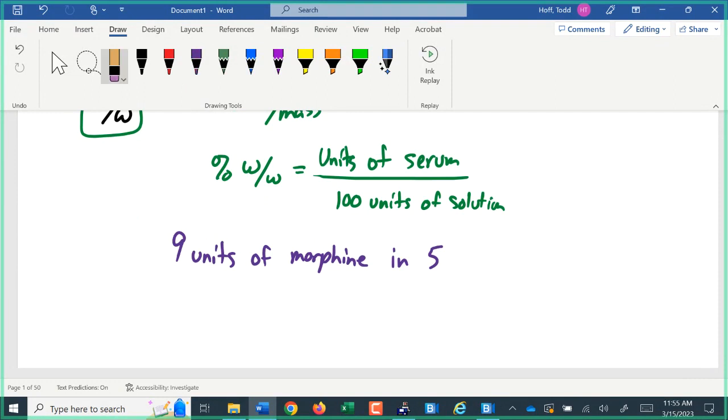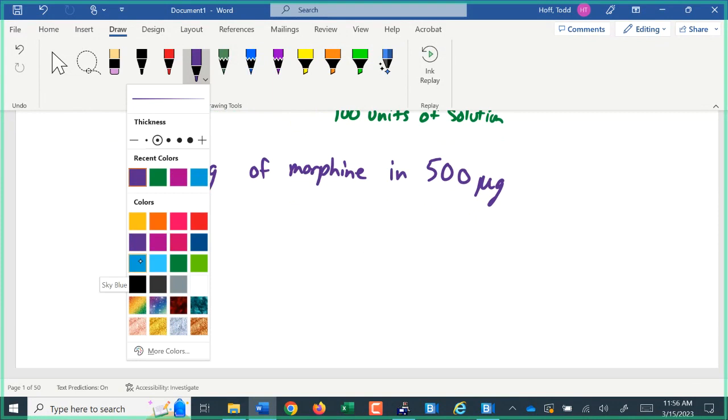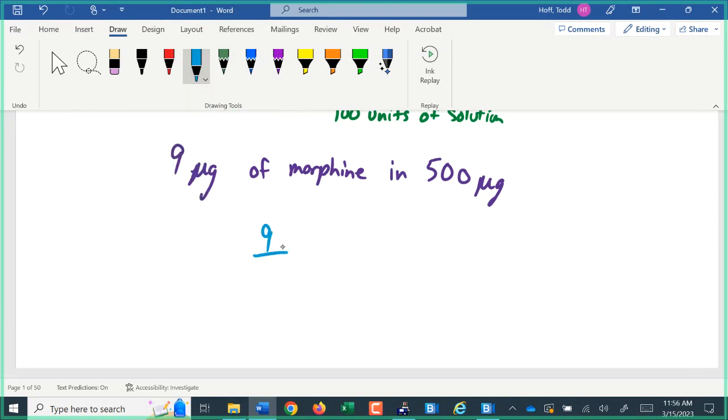I'm going to change this here. Since we're saying it's weight in weight, let's do this. 9 micrograms of powdered morphine in 500 micrograms of water. So this is 9 in 500. Now I'm going to put the units in here for now just because it's important that we make sure these two units are the same.